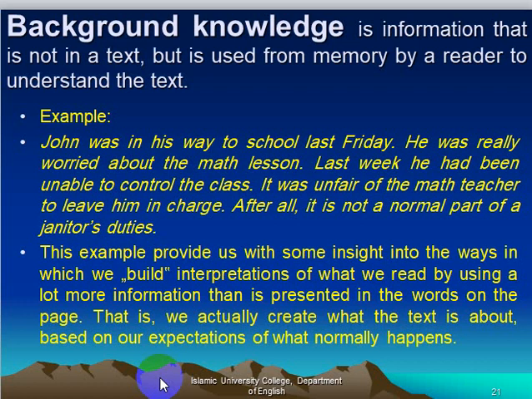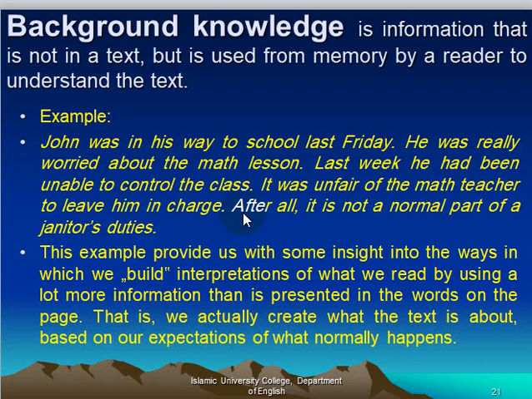If you take a look at this example, we will find that John is somebody whom the reader cannot understand unless they have background knowledge about John. Otherwise, we cannot understand that John works in the school, although the last sentence says, after all, it is not a normal part of a janitor's duties.